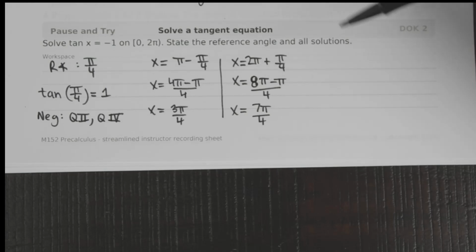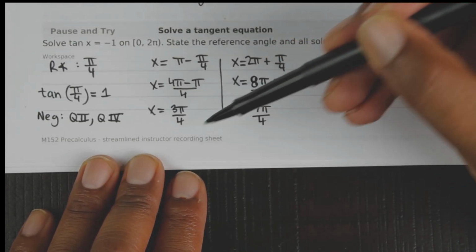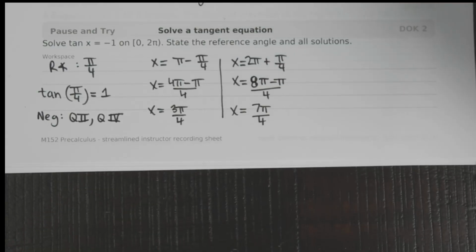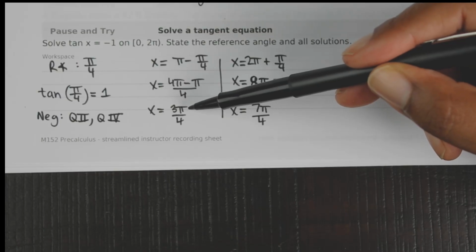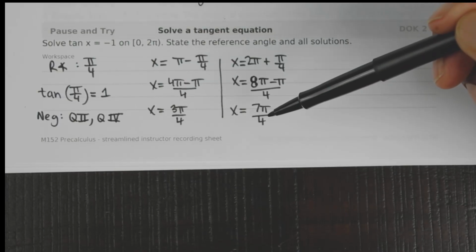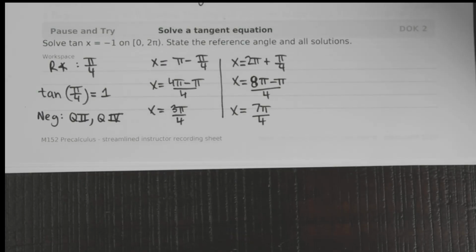Okay. Now, let's see. So the solutions would be x equals 3 pi over 4 and x equals 7 pi over 4. So tangent equals negative 1 here and here on the interval 0 to 2 pi.